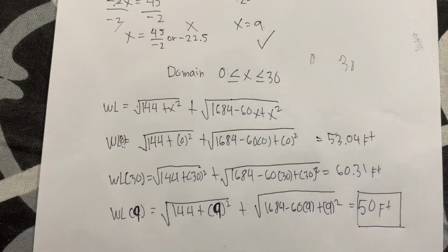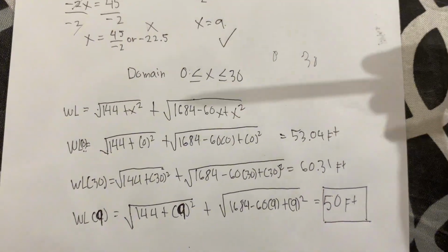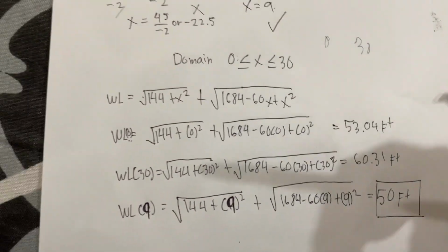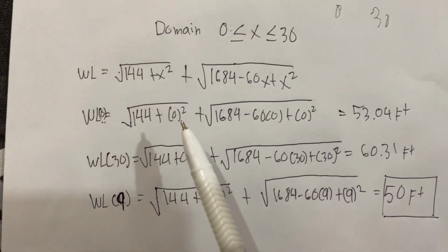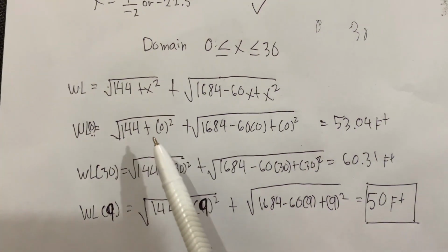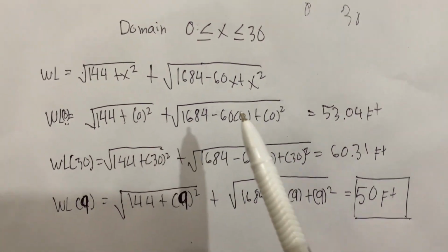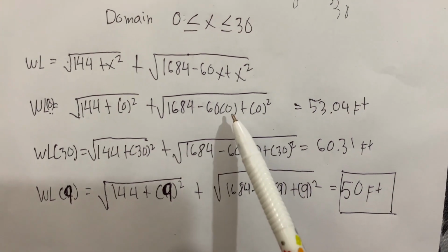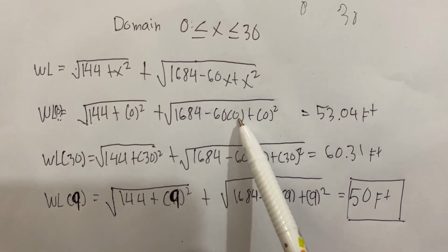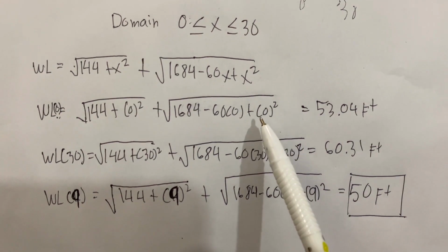So now we're going to assume that our x is 0, so we're going to substitute 0 to these x's. So the square root of 144 plus 0 squared, and then plus the square root of 1684 minus 60 times 0 plus 0 squared.